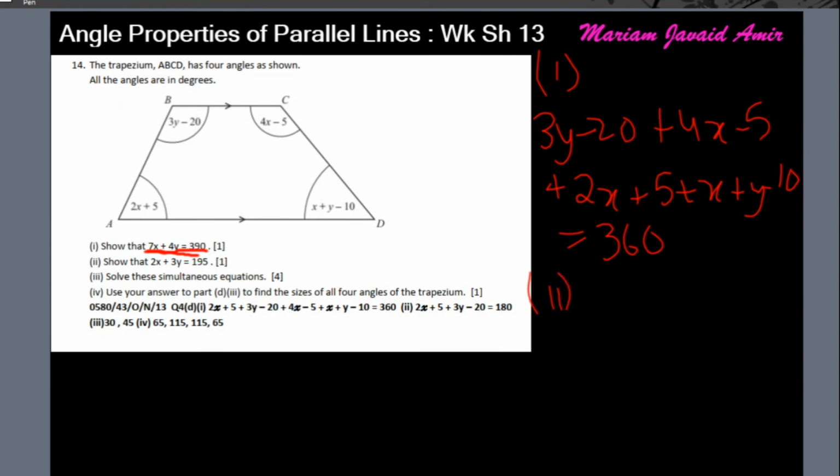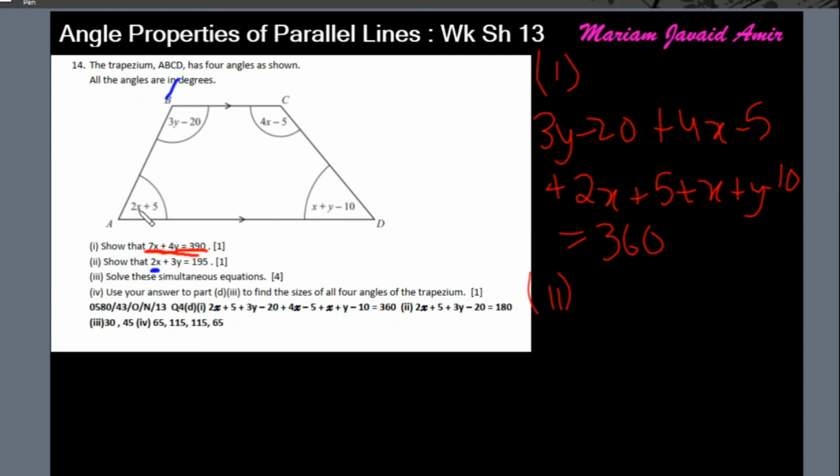Part 2 is show that 2x plus 3y equals 195. So which one should we use? Add these two and get this equation, or would we be adding these two and get these equations using interior angles? So let's observe this equation.